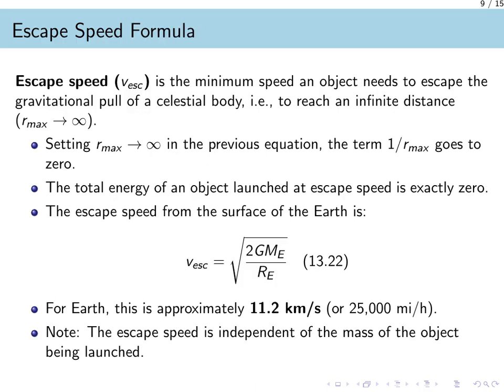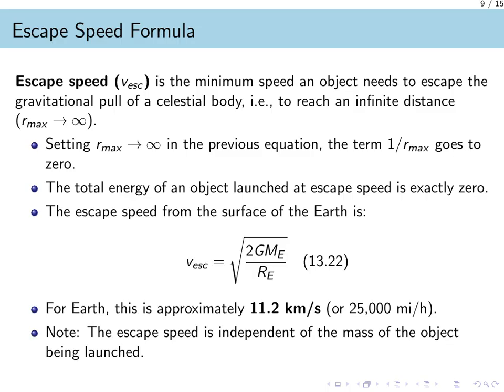Let us now formalize the concept of escape speed, which is the minimum initial speed an object needs to completely break free from a planet's gravitational pull. To derive the formula, we consider the case where an object travels to an infinitely large separation distance, at which point its final speed approaches 0. This specific trajectory corresponds to a total system energy of exactly 0.